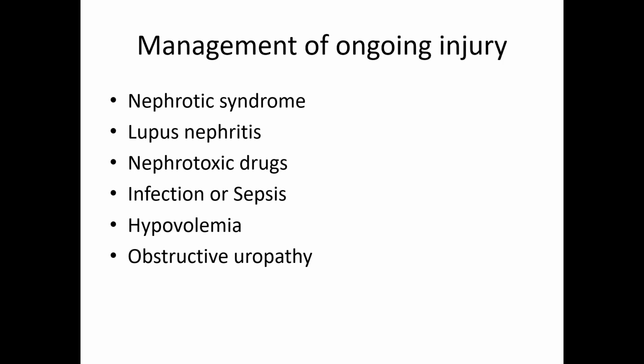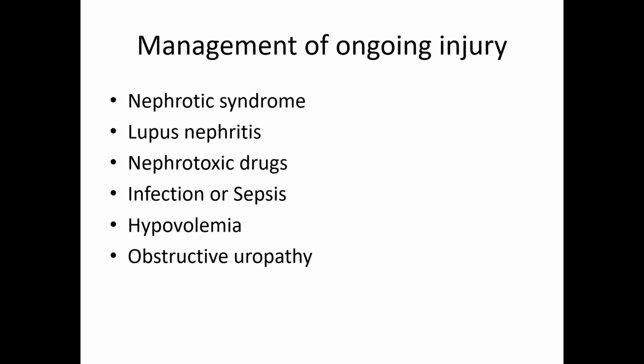Usually, nephrotoxic drugs, infection, and hypovolemia are the causes of acute kidney injury on top of CKD. If the patient has had exposure to a nephrotoxin, or has hypovolemia, it should be treated. And if there is infection, it should be recognized at the earliest and treated.